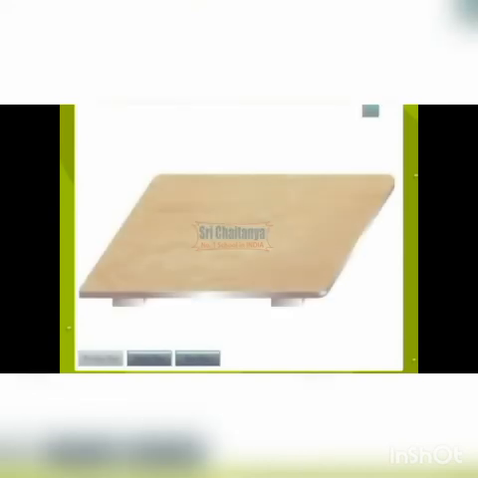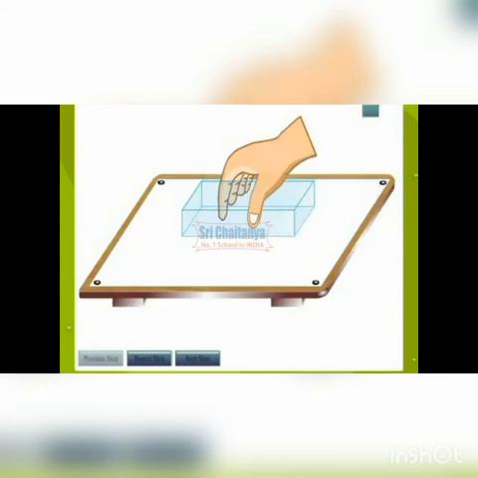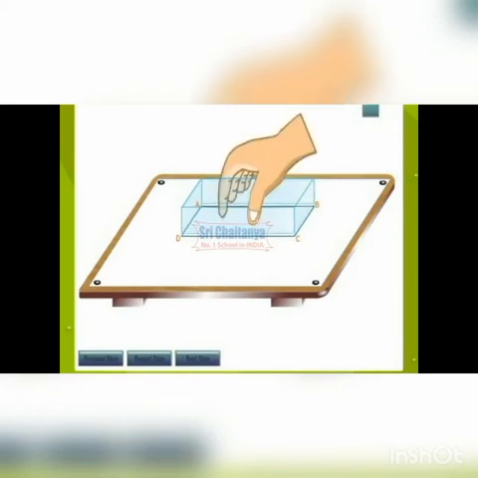Refraction of light through a glass slab. Let us now perform an experiment and find out how light gets refracted when it is incident on a rectangular glass slab. Place the rectangular glass slab on a white sheet of paper fixed on a drawing board. Trace the boundary ABCD of the glass slab. Remove the glass slab.